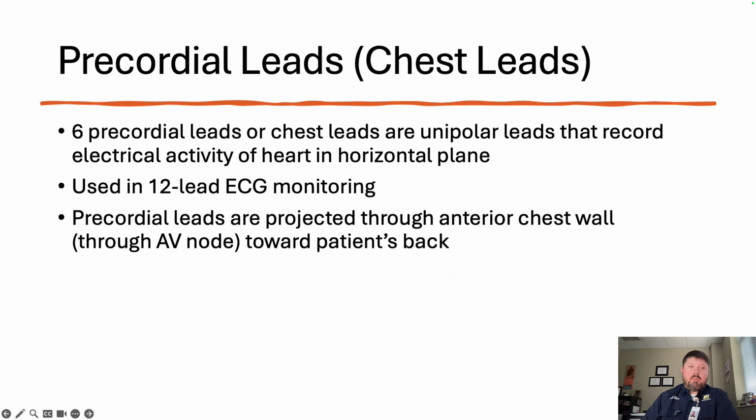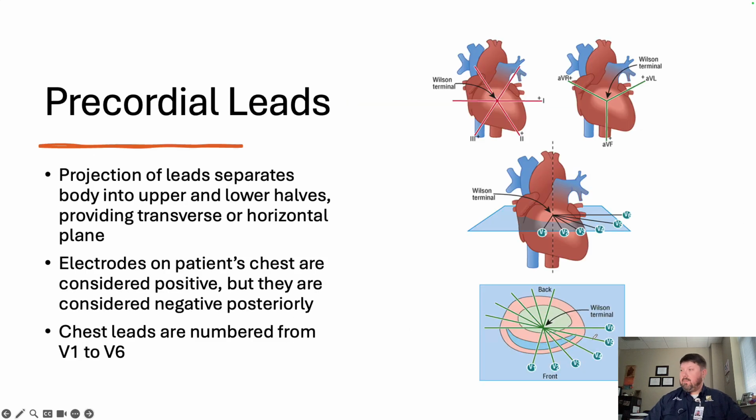Whereas your precordial leads, they record activity from the inside of the heart out. So they're actually looking at the conduction as it's traveling through the myocardial tissue and not just the electrical conduction system. And that can be seen on this next slide here.